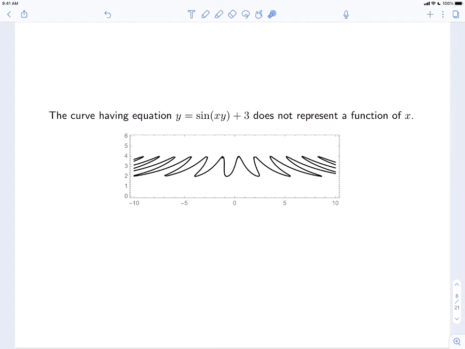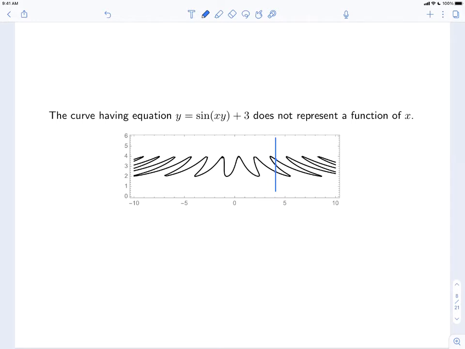The curve having equation y equals sine of xy plus 3 does not represent a function of x. As you can see, if you draw a vertical line in certain places, it will intersect the curve in more than one point, and therefore it's not the graph of a function.